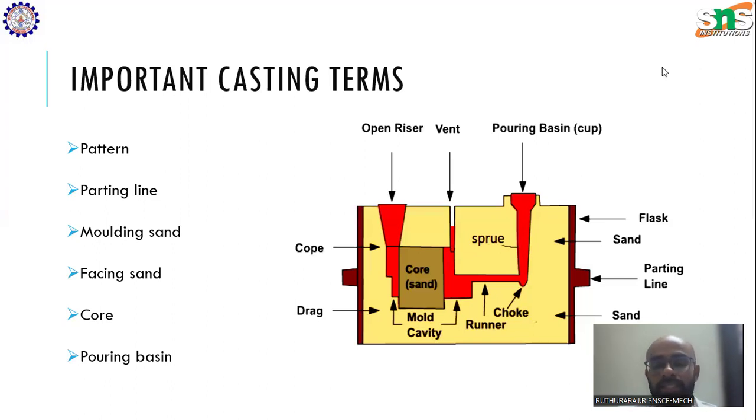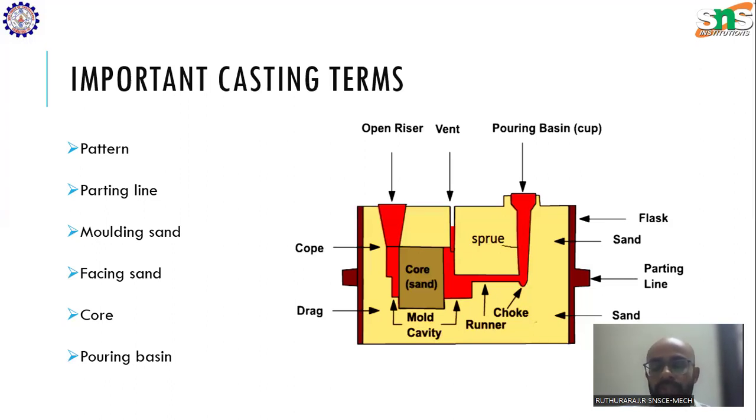And there are vent holes here. Vent holes are provided to give gaps for the release of air. Once solidification takes place, gases will be liberated, like carbon dioxide, methane, etc. Molten metal may react with sand and binders and liberate some gases.